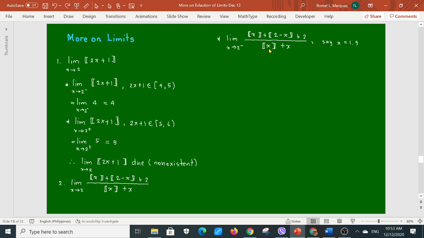This is 1, no? This is 1. So we can now remove the limit as x approaches 2 from the left.